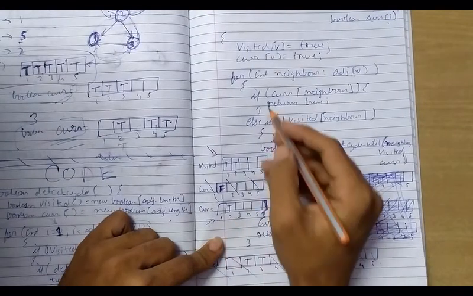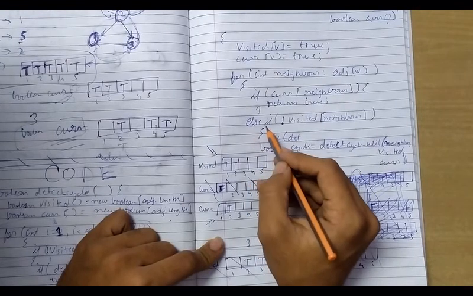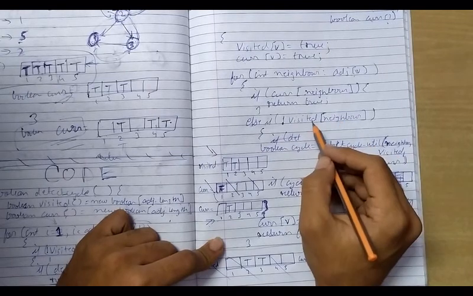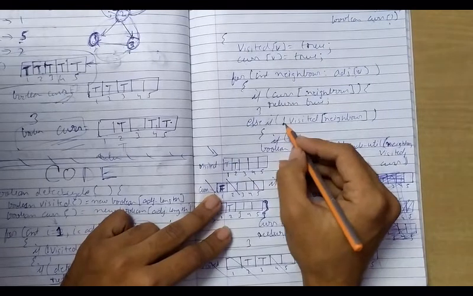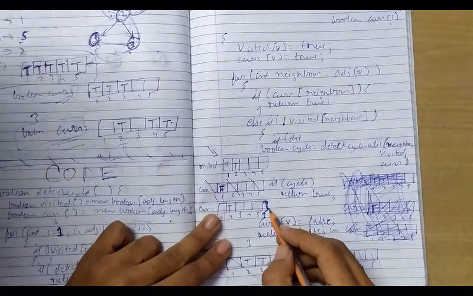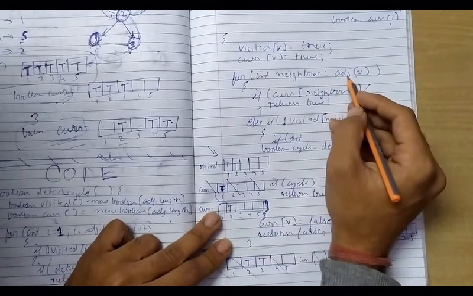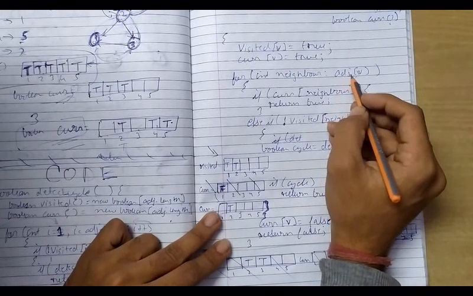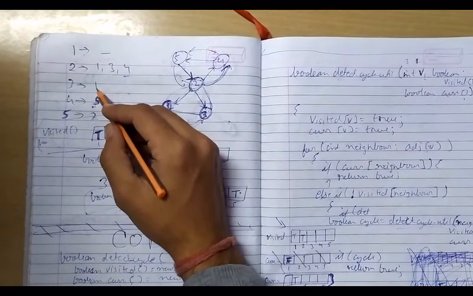It is not, so this if statement will not run. In the else if we see that visited 1 is marked as true, so this will also not run. Then the for loop will run again, and there is no further neighbor of 3.